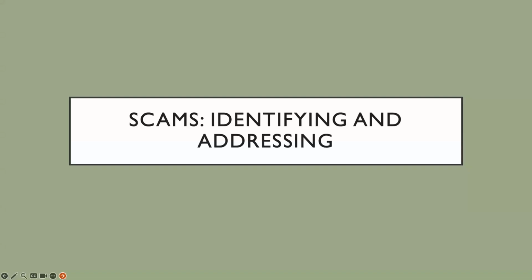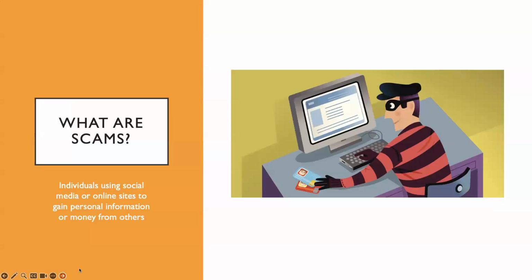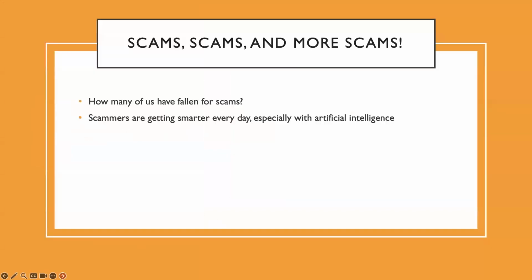All right. Scams, big one for that is using social media to gain something. Usually money. Scams are usually about money, but it can be other things. So scams are getting smarter every single day. Again, AI is coming up here. Artificial intelligence is making scams so much easier to fall for. I get things every day like, hey, look who died, click on this link.